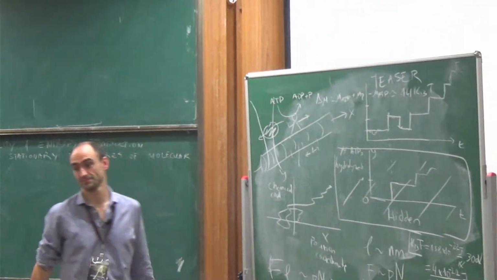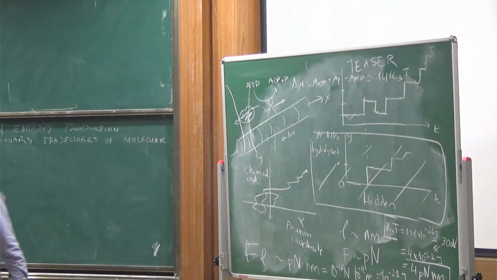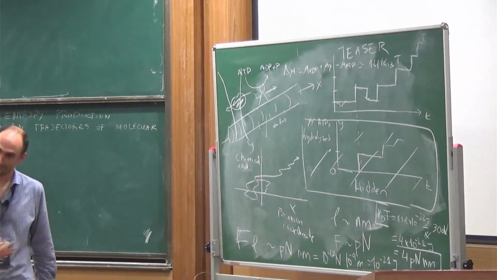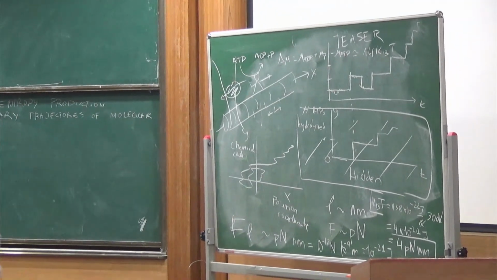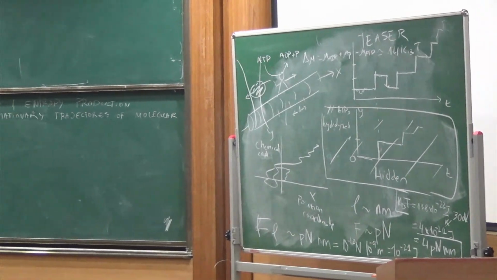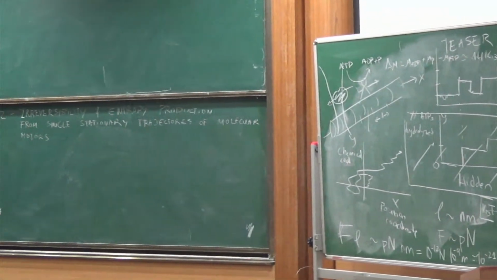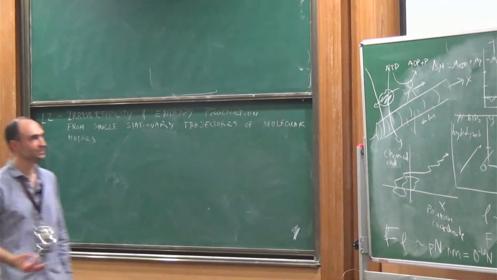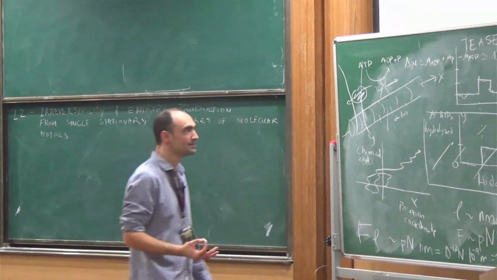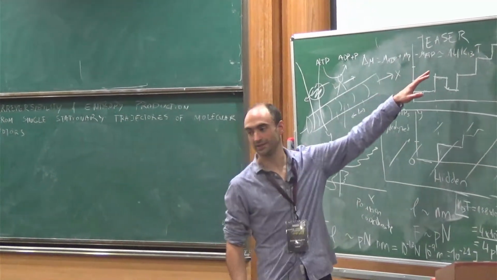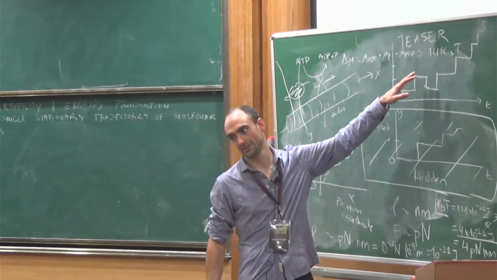So you will have a chemical push of the order of 14 kBT. That's why the motor will move more in one direction. It's driven by a force which is 14. This puts the bias, exactly, and the bias has an associated free energy change of 14 kBT.